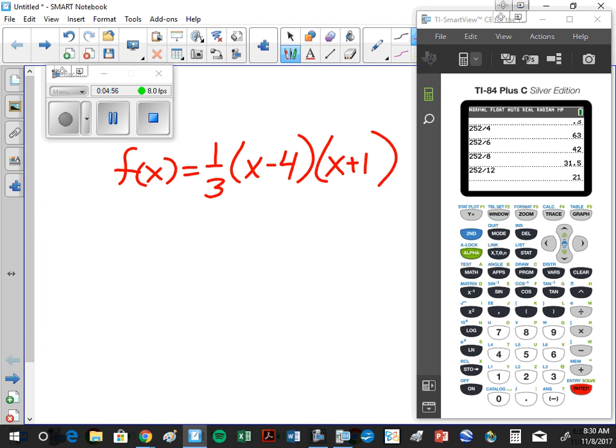A zero is just a root. It just wants to know, where does this graph hit the x-axis? Well, it's really easy. What is the root for that one? X equals 4. What's the root for this one? Negative 1. So that problem is very simple.